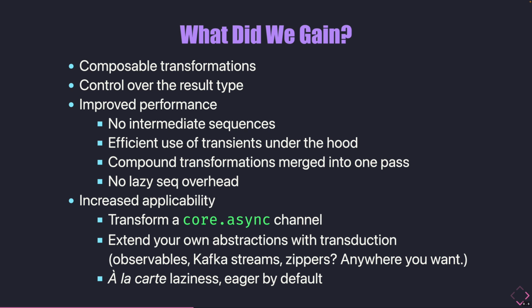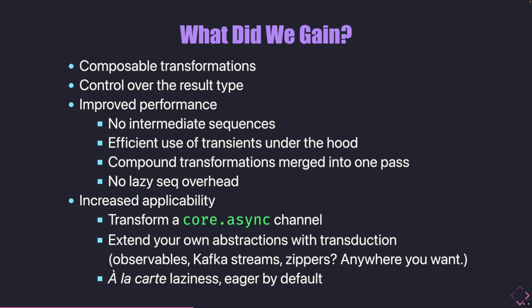So transducers efficiently use transients under the hood. If you know what that means, there is mutation happening, but it's hidden away in a way that's entirely safe from us, that lets us do this at the maximum possible speed without worrying about safety. So really best of both worlds between immutability and the performance of mutability.